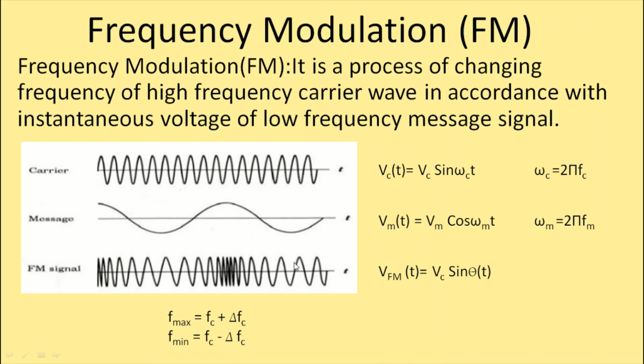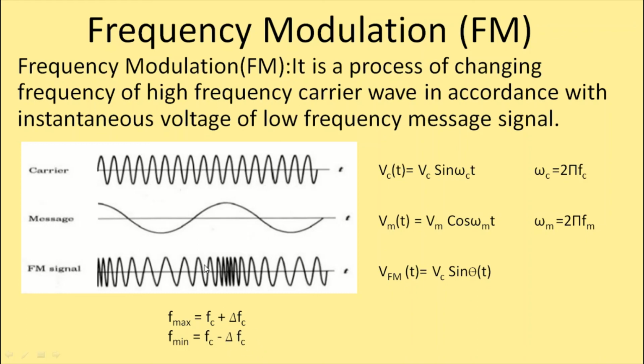I repeat again, at the positive peak, whatever is the increase in the FM signal frequency, the same corresponding value of decrease in the FM signal frequency will be observed at the negative peak. So for this reason, the Fmax is represented by addition of delta Fc, whereas the minimum frequency, that is Fmin, is represented by subtracting the delta Fc value.